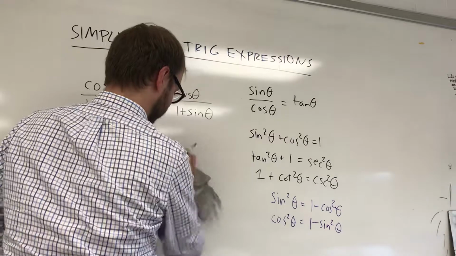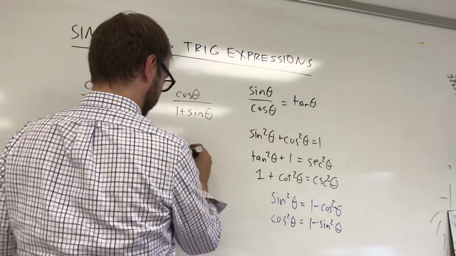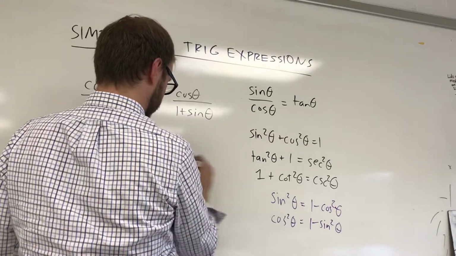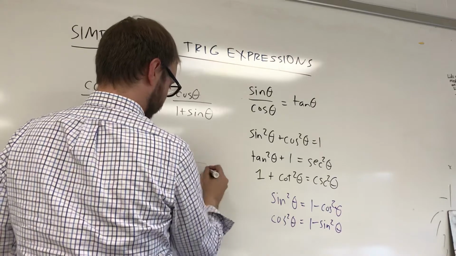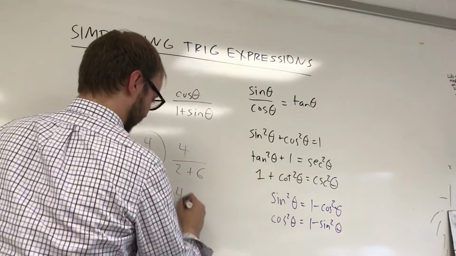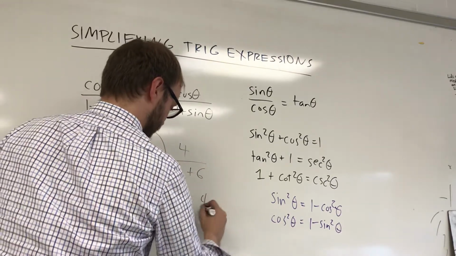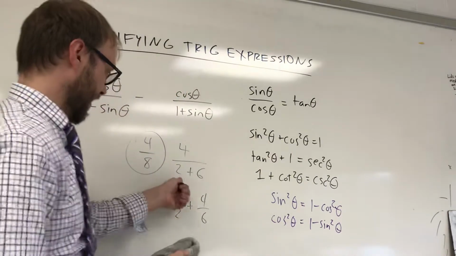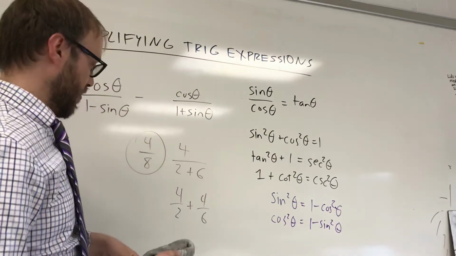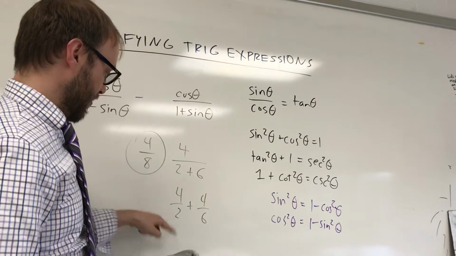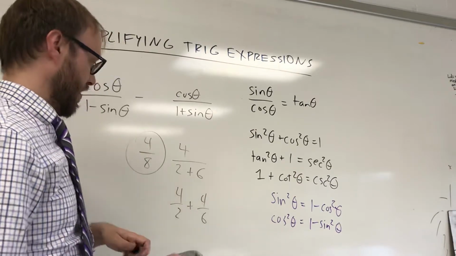Meanwhile, I can't do it the other way around. If I had like 4 over 2 plus 6 or something like that, I cannot do 4 over 2 plus 4 over 6, okay? Splitting up the denominator with the same numerators, okay? That's 2, that's 2/3, this is not 2 2/3, okay?